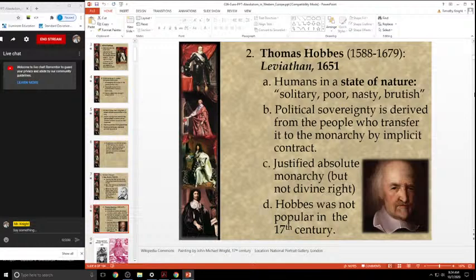And he saw many of his own friends killed during the English Civil War, which was a crazy time for England. So Thomas Hobbes wrote a piece called Leviathan in 1651, and he basically argues in Leviathan that humans in a state of nature are solitary, poor, nasty, brutish people.